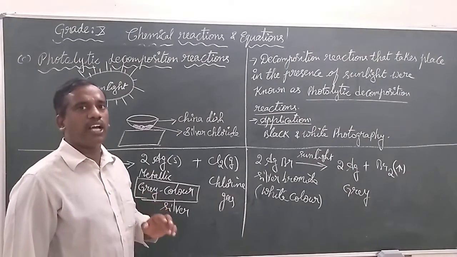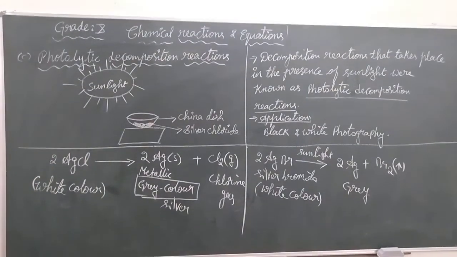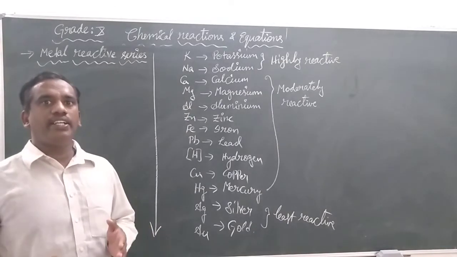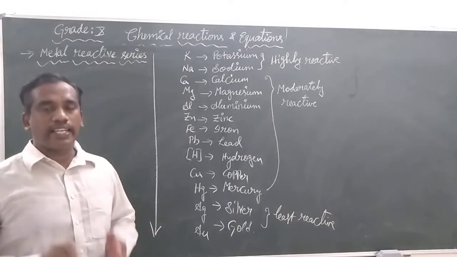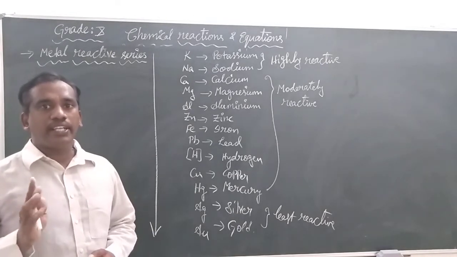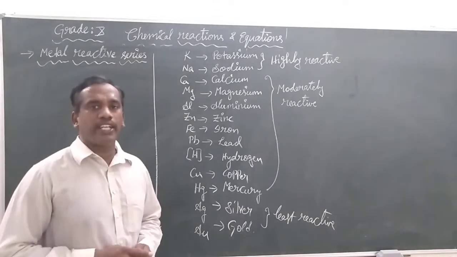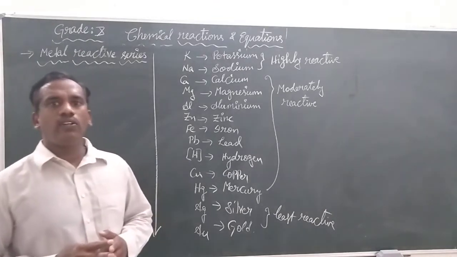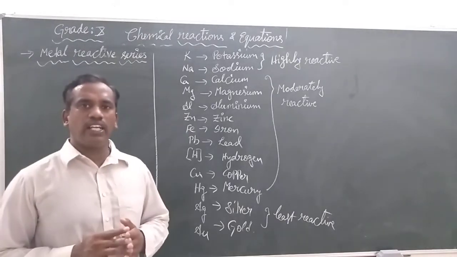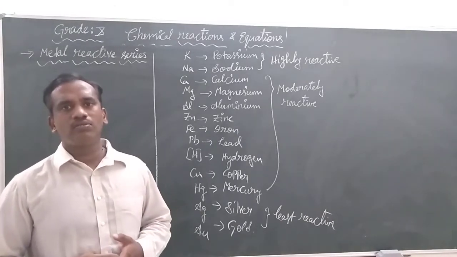The third kind of chemical reactions is the displacement reactions. Before we go into the displacement reactions, let us have a small question around. Can you say the metal that is not at all reactive?